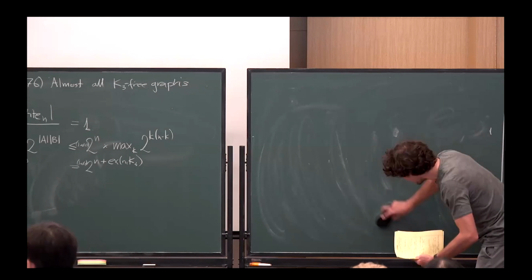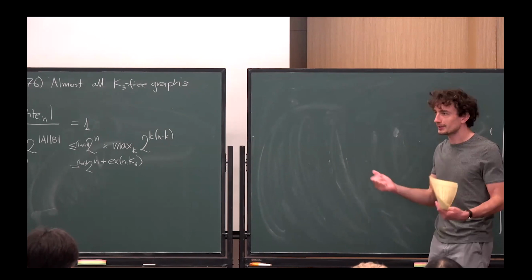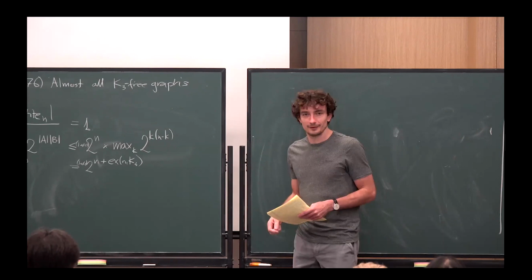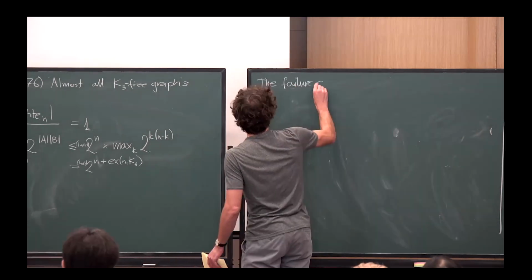The advantage is that we will be able to do it in 1 hour, while in practice this took many years. And the title for the discussion is the failure of union bounds.